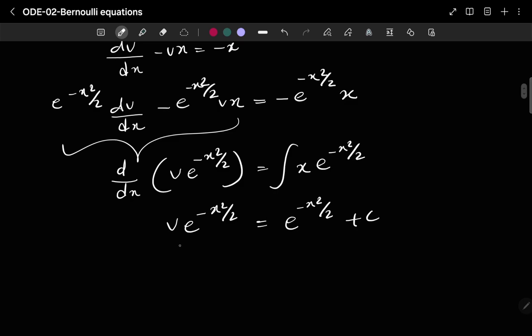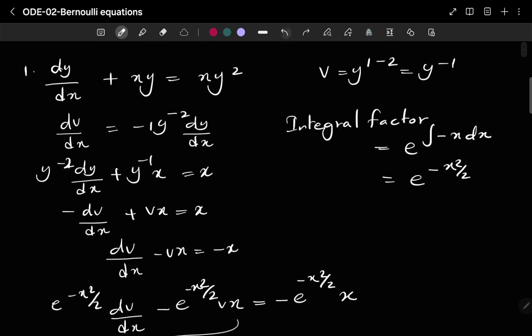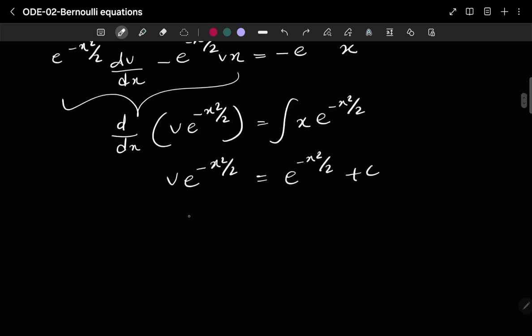By back substituting v = 1/y and dividing through, we get 1 + c e^(x^2/2). So we have the equation 1/y = 1 + c e^(x^2/2).